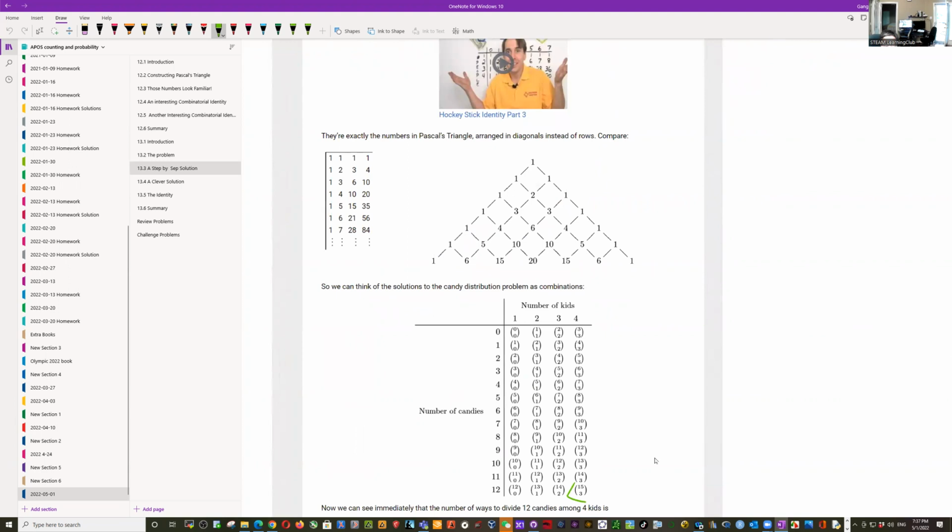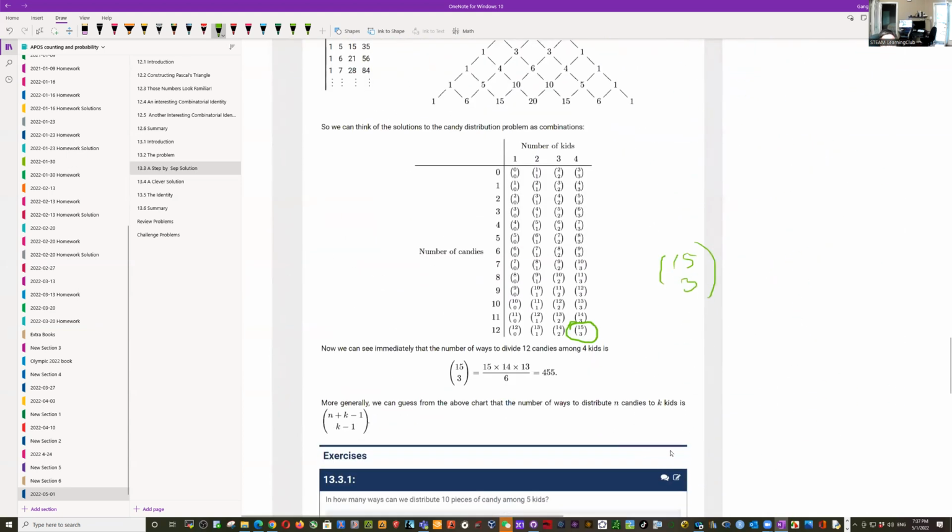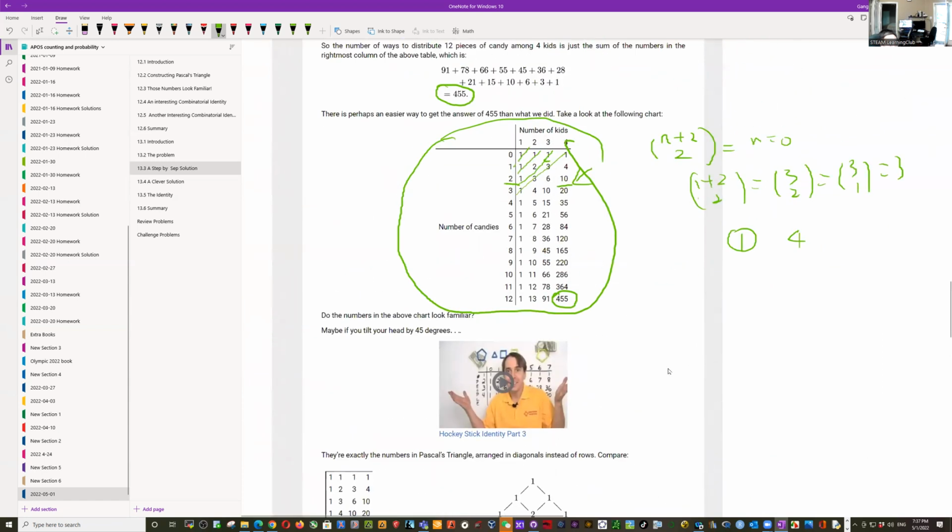So the element we are hitting is actually 15 choose 3. And so basically, if you use the smart way, 15 choose 3 will stand out right away. But assume you are not really using the smart way.